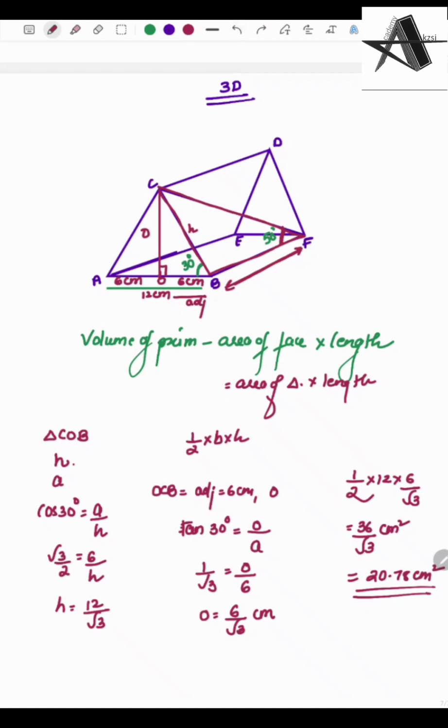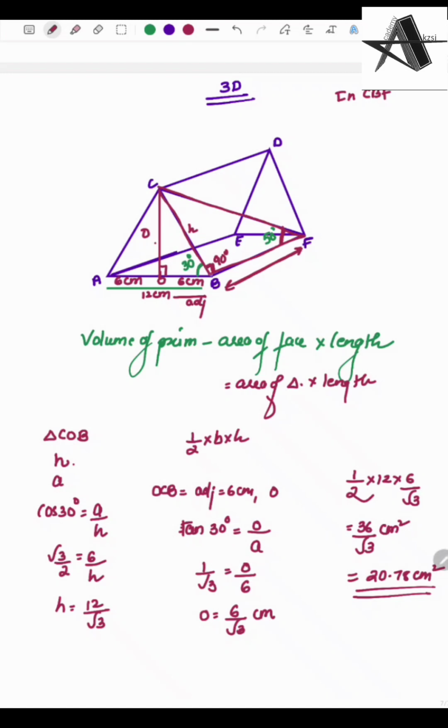In triangle CBF, this is also actually a right angle triangle. I can say that this is 90 degrees because each side face of a prism depends. Here the triangular prism's face is a triangle and the other sides are rectangles, and in a rectangle all the angles are 90 degrees.